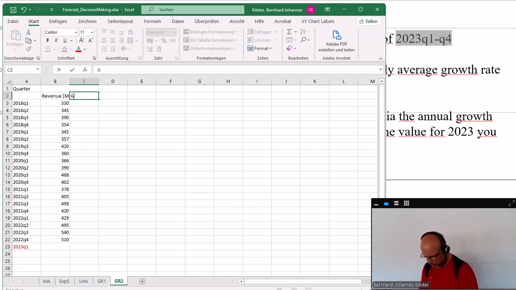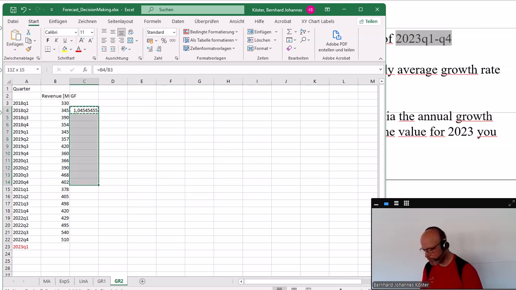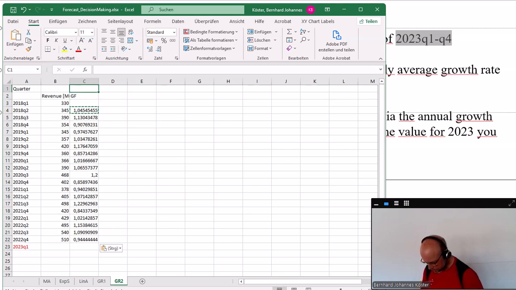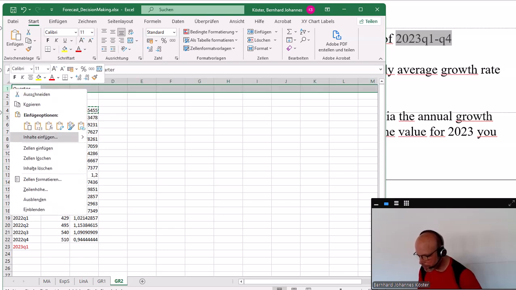Growth factor would be just the ratio of two subsequent numbers, and then shall we put this maybe here?